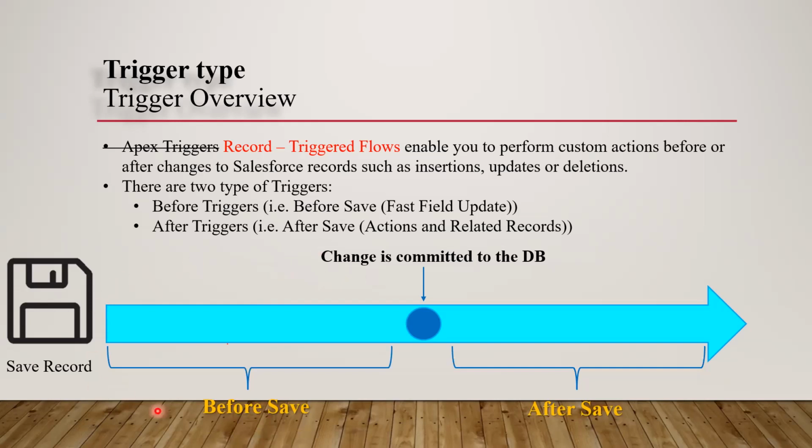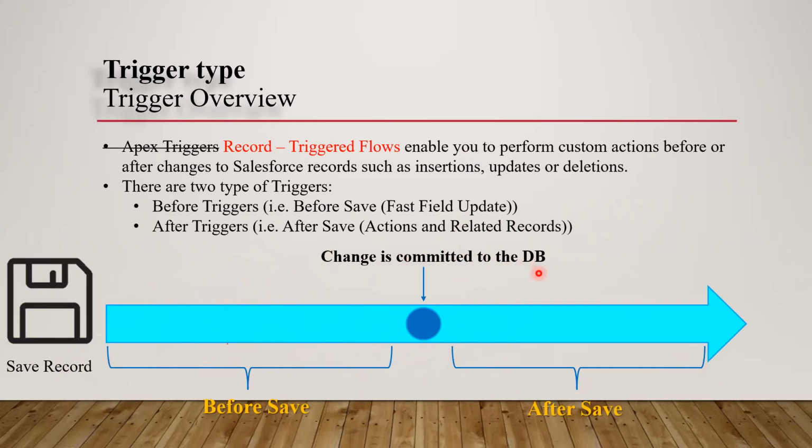So this is the way you can think of how it looks when you are clicking on save record. When I want to have some operations, some update, insert or deletion happening before my data is committed to the database, then this is the way it will happen at the backend.